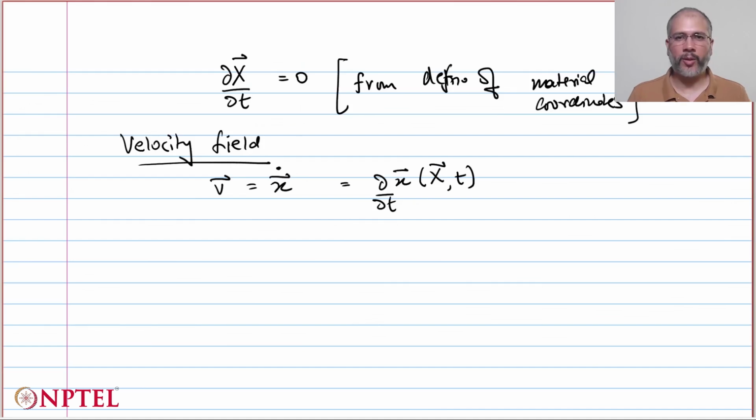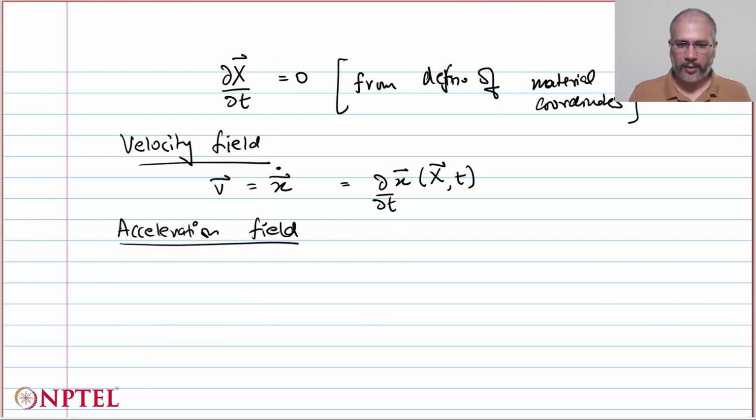Again, I am using small x as a vector for the position as well as for the function in replacement to the chi function. And the acceleration field A is written as v dot or small x with a double dot.